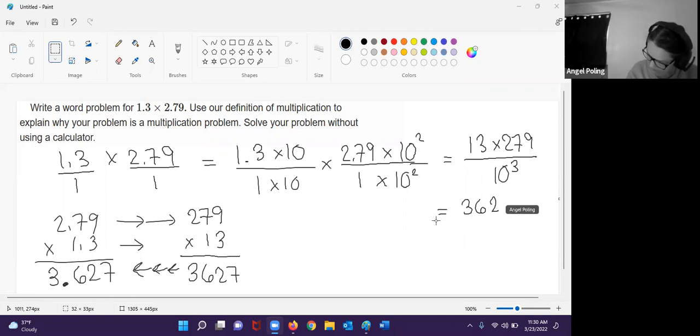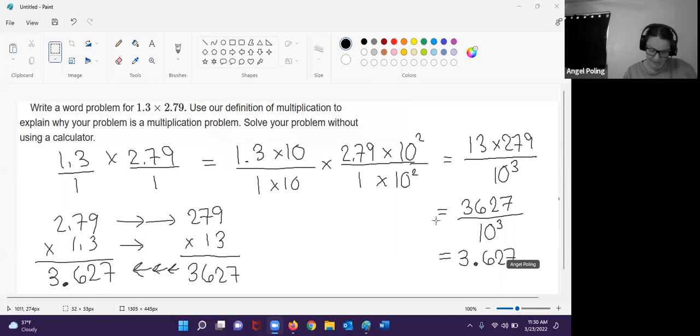Now, in our improper fraction algorithm, we have a numerator of 3627. And we will be dividing by 10 to the power 3, which is 1000, getting us the exact result of 3.627.